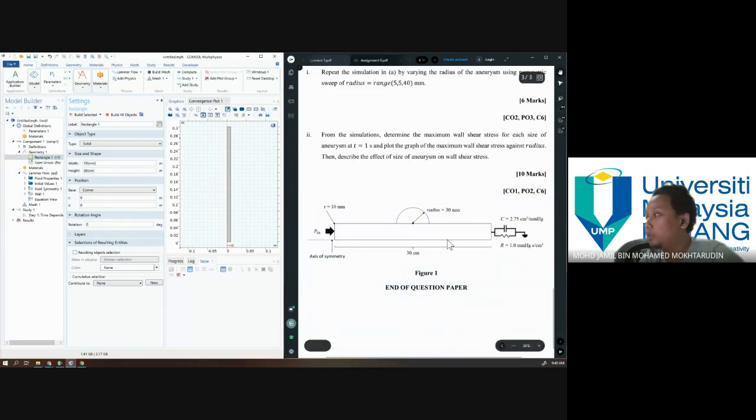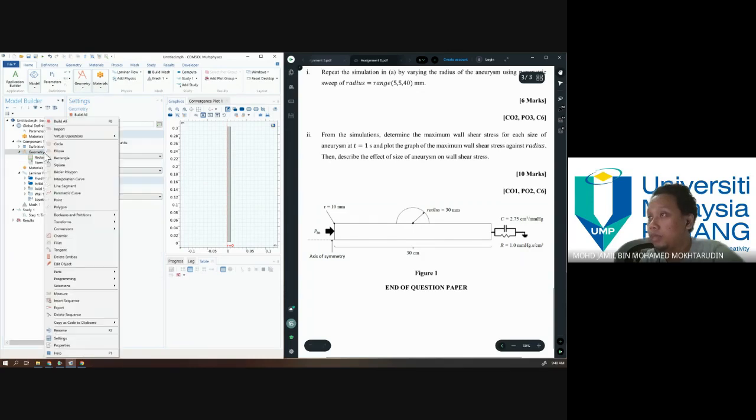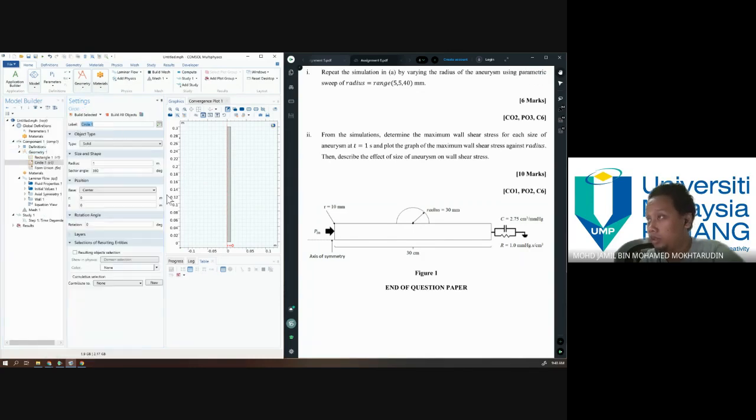And then we draw the spherical part here, the circle here. So circle. And firstly change the position somewhere in the middle, maybe about 15 cm in Z direction. Okay, so the radius is 30 mm.